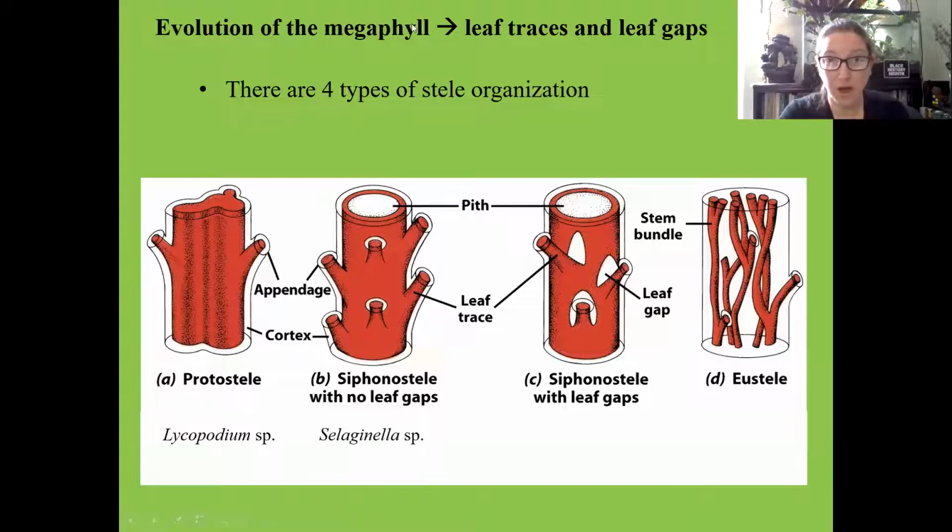And that's also why Lycopodium and Selaginella have these types of vasculature in the stems, because these things here are for microphylls. But once you have megaphylls, you'll have these leaf gaps.